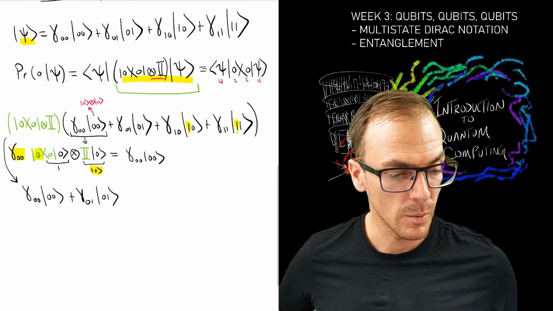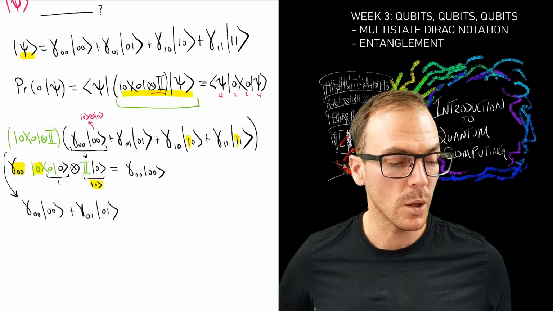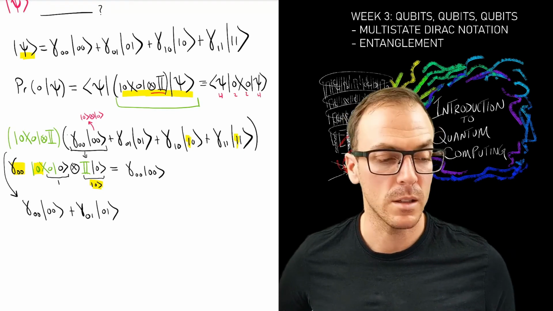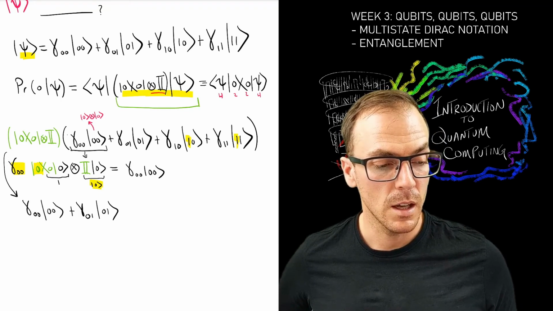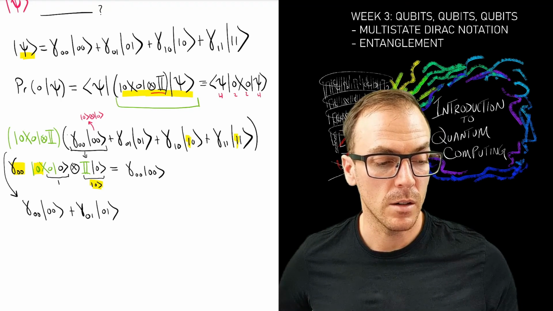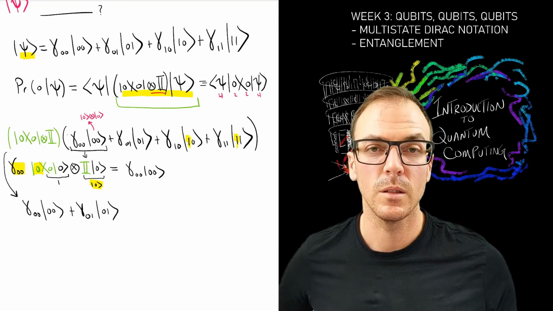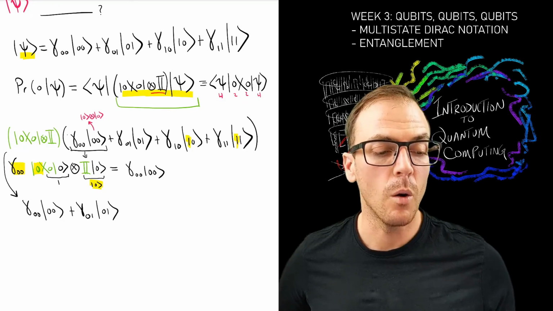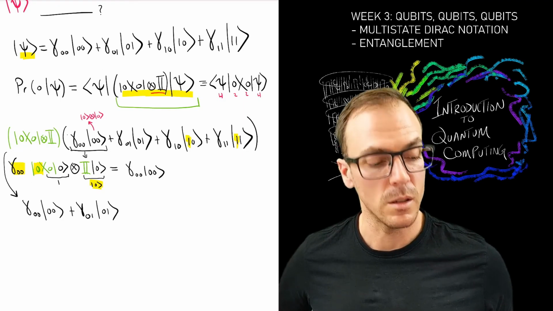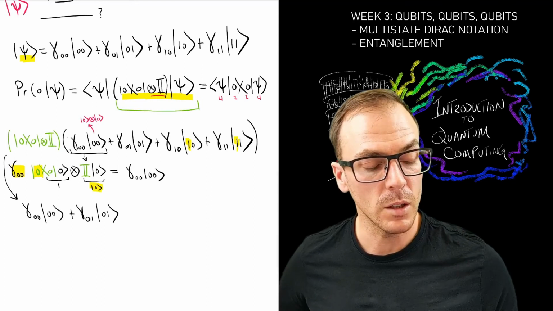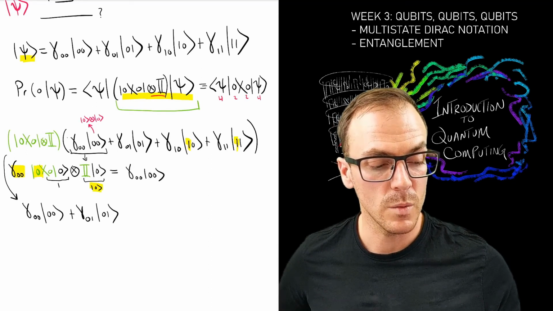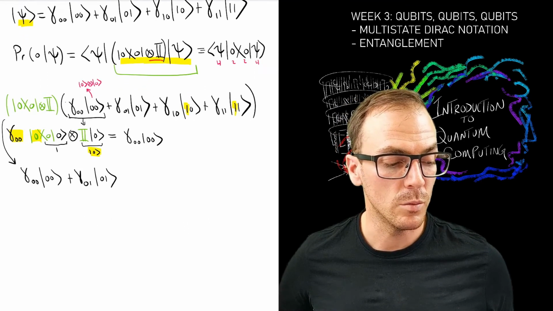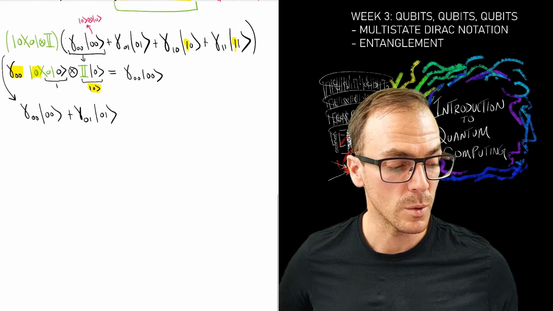And we would see that a similar thing happens. Now we're taking the inner product of two things that are written in the same basis, and either the terms will be the same, in which case the inner product will be 1, or they'll be orthogonal, in which case the inner product will be 0. So we can see that we're only going to pick up the first two terms because the second two terms are orthogonal to both of the first two terms which are left.